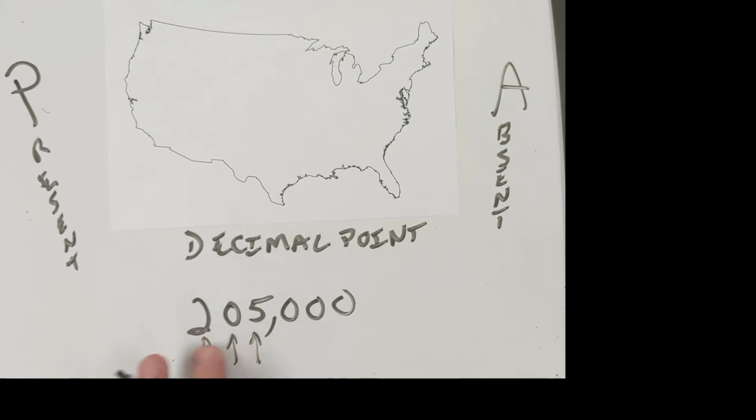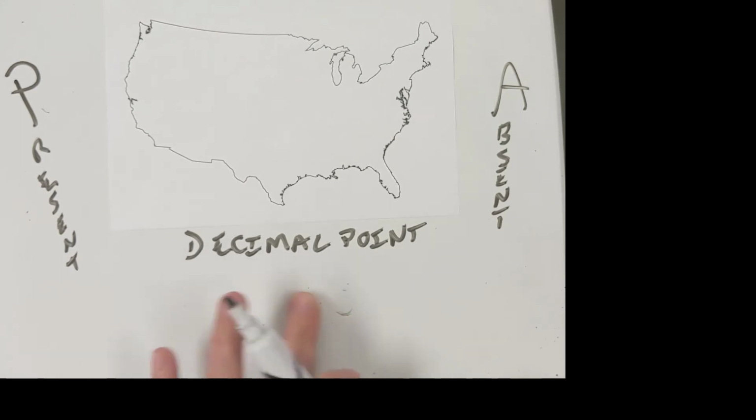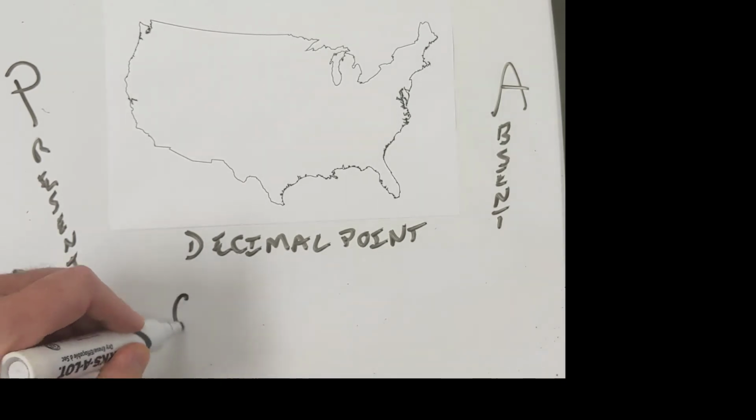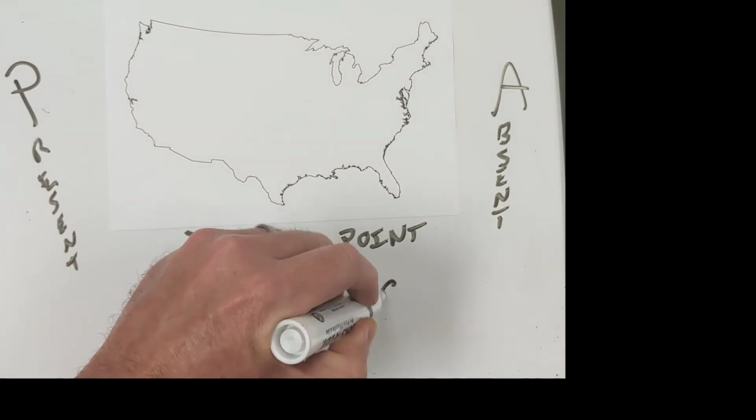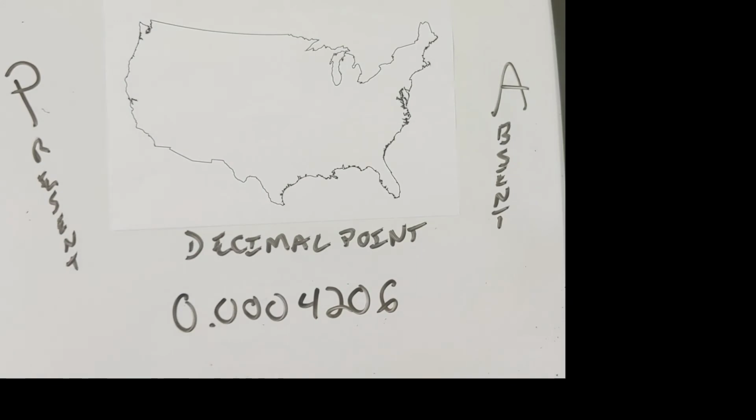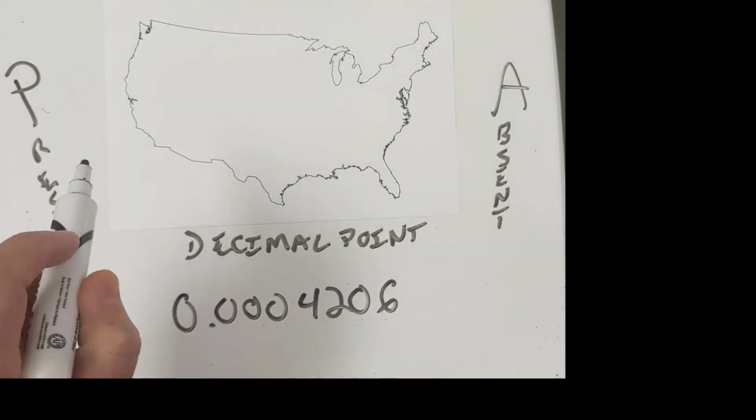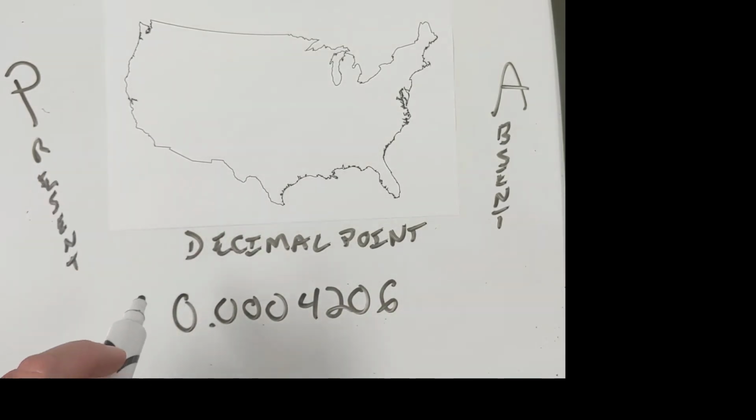If the decimal point is present, let's take a look at a number like 0.0004206. The decimal point is present. So I'm going to start on the Pacific side, which is the left side. I will not start counting figures until I hit the first thing that's not a 0. So don't count this, don't count this, don't count this. There's the first digit that's not a 0.